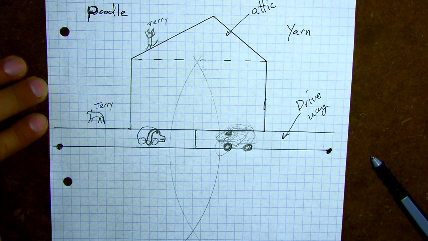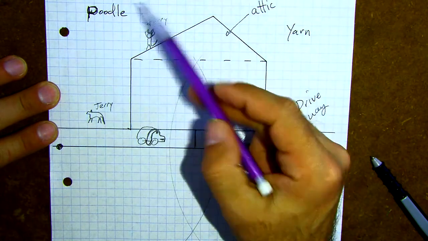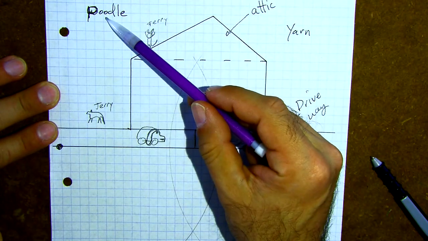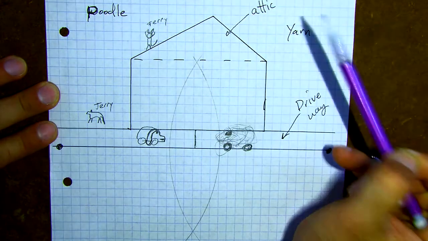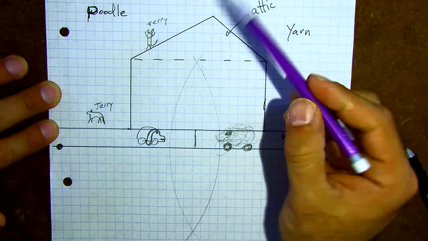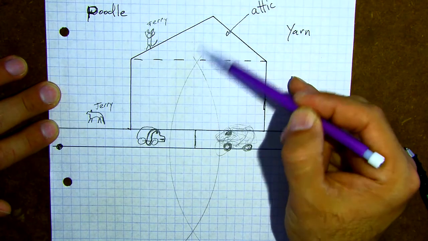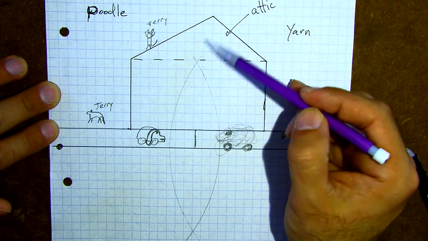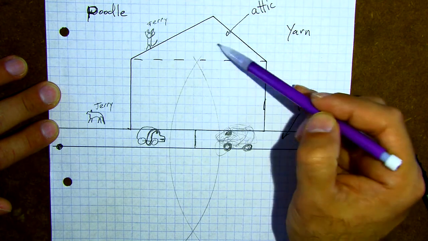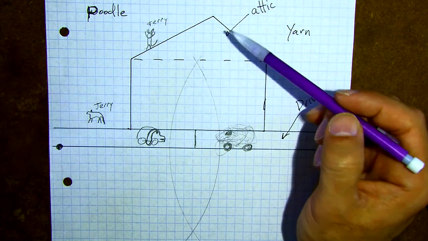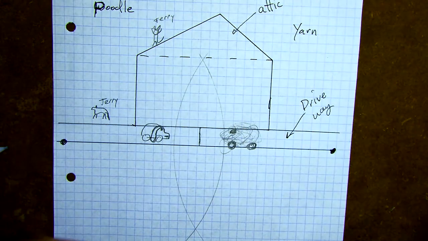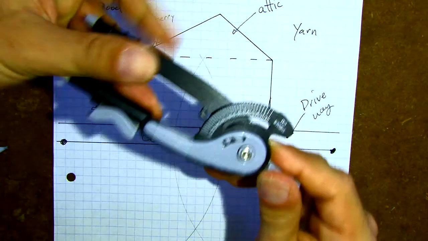All right, look. So the attic, Poodle has all their stuffed animal dogs, and Yarn has all their yarn. Oh, thank you as well. So what we need to do is the angle for the attic, we're going to divide that in half, and actually that's going to do quite a bit to divide the area evenly. All right? So go ahead and do the same thing. I want you to tell me, just lead me through it.